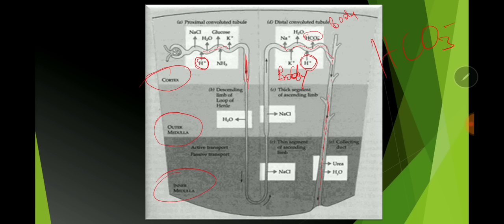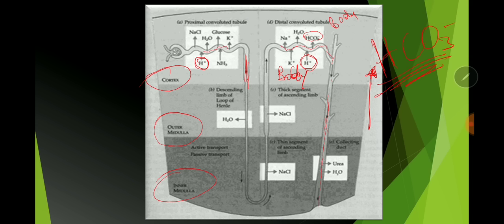If the hyperventilation continues after about 3 days, the kidneys will start absorbing more of the bicarbonate back into the body, because you need carbon dioxide, and most of the carbon dioxide in the body is retained in the form of bicarbonate. So you're going to get metabolic acidosis. That's compensated.